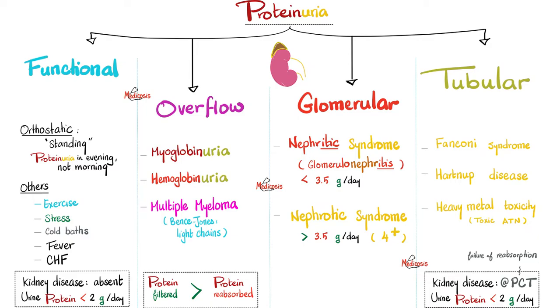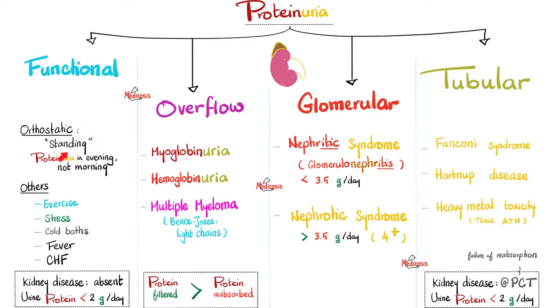So let's go. Functional. Could be orthostatic or otherwise. What do you mean by orthostatic? Ortho means straight. When I'm standing up, I get proteinuria. But when I'm not standing up, there is no proteinuria. So who suffers from that? Police officers, security guards, chefs, teachers who actually teach, farmers who actually farm, ushers, or any person who stands up for a living.